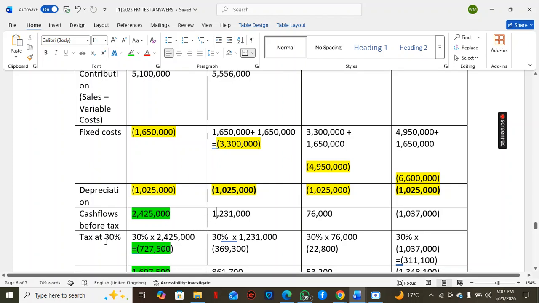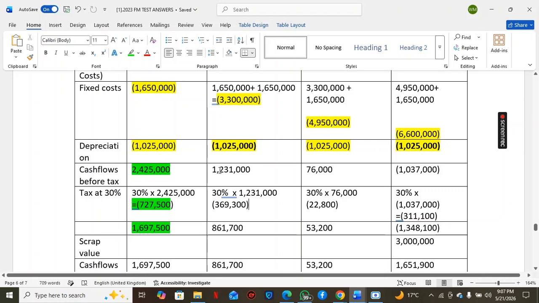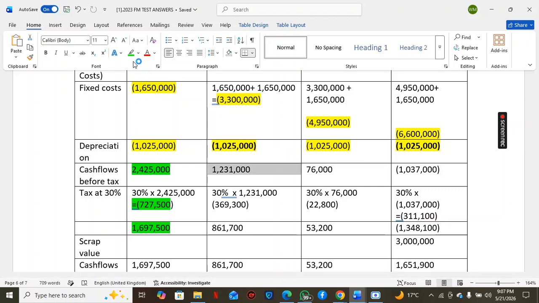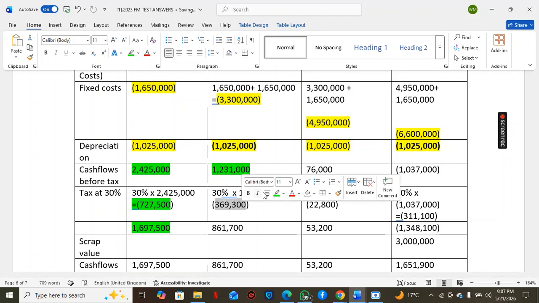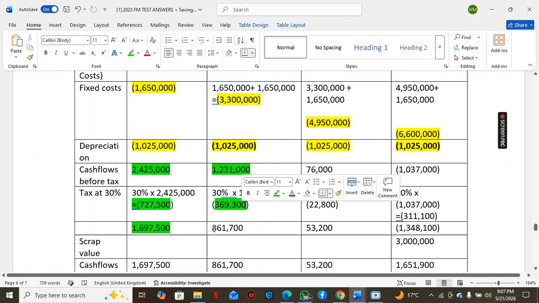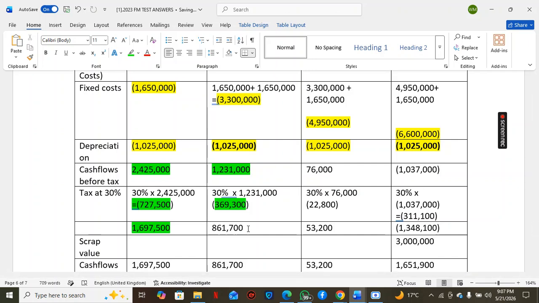Tax, 30% of this amount is 369,000. You subtract that amount from this amount to get 861,700. This is the cash flow for year two that you'll be discounting.